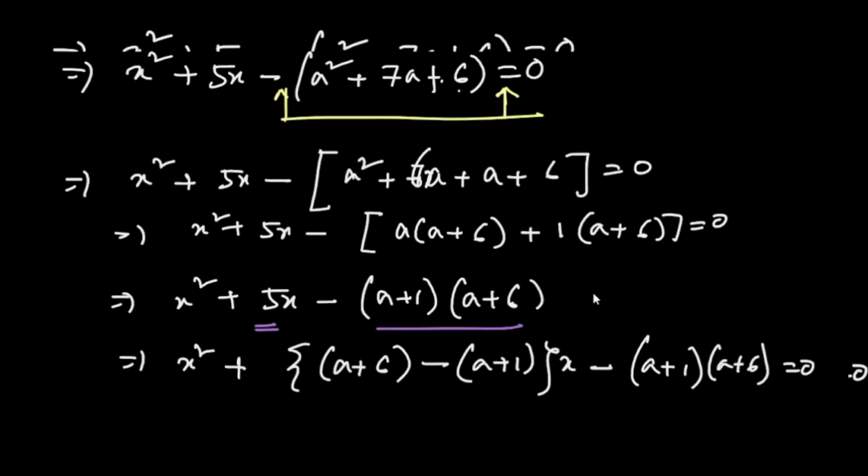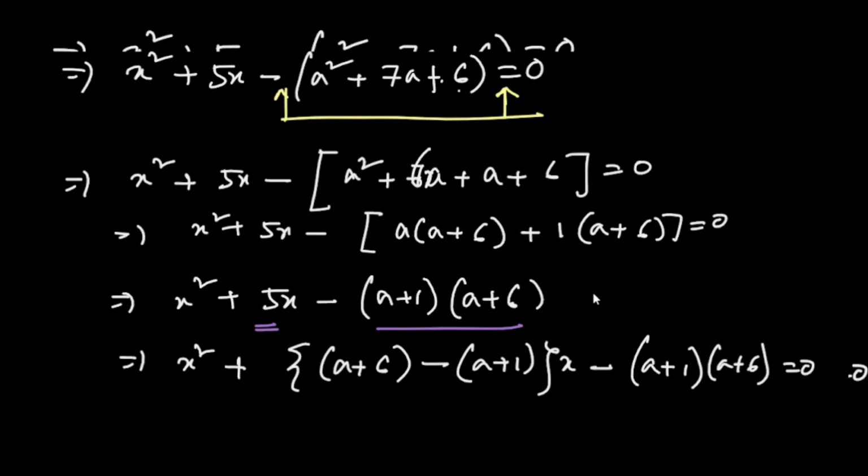Now we'll break it, and then just like the previous one, we are going to take common. So if I break it, it will become x square plus (a plus 6) into x minus (a plus 1) into x. Here I am having (a plus 1) into (a plus 6) equals 0.